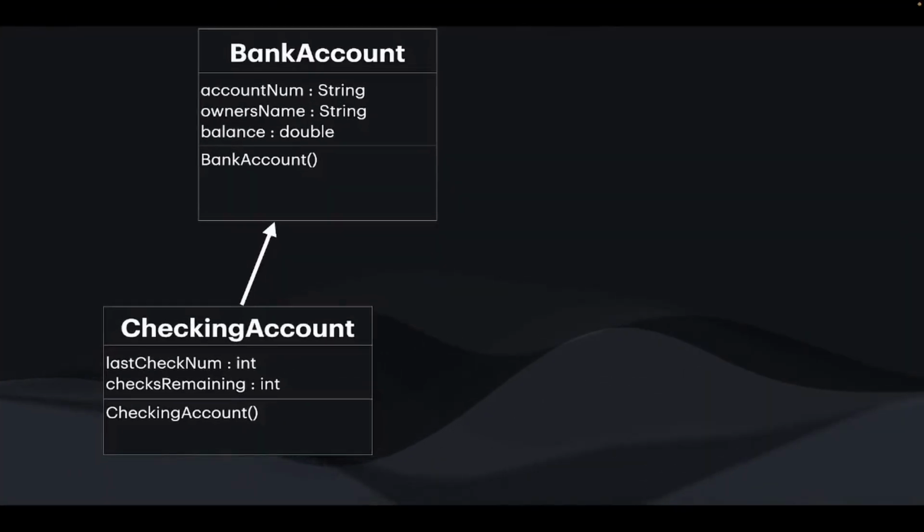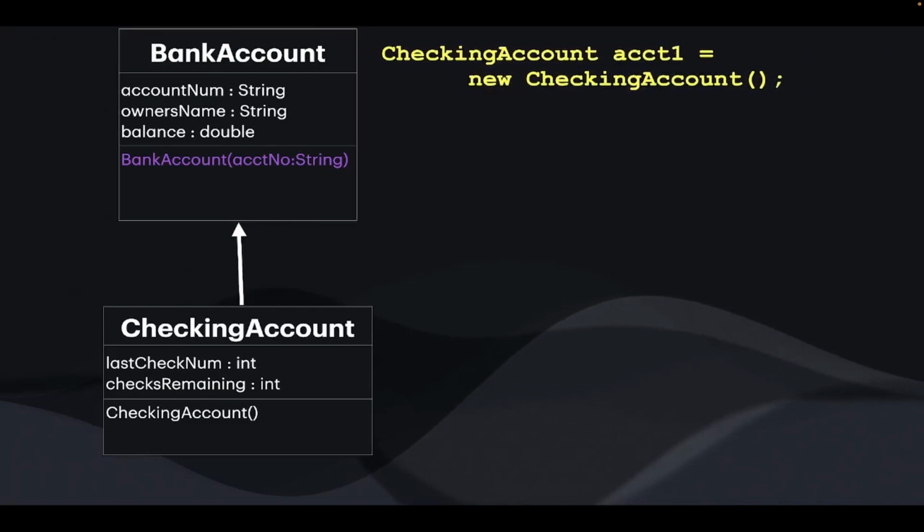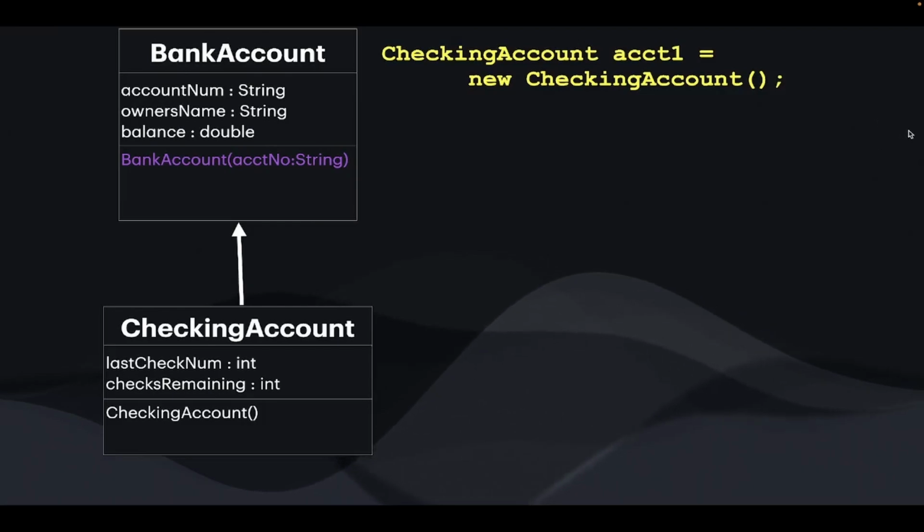Now, where the potential problems come in is when we talk about constructors that do have arguments. And so let's say I get rid of that parameterless constructor, that default constructor, and now I've got one that takes an account number, which is a string. When I go to instantiate an object, at first this looks okay because the checking account class does have that parameterless constructor still.